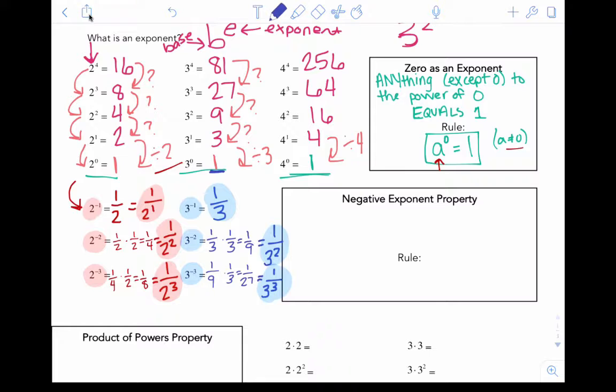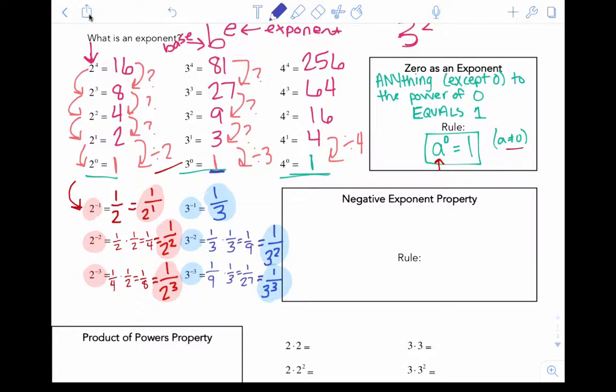So my negative exponent property states a negative exponent means the inverse of.